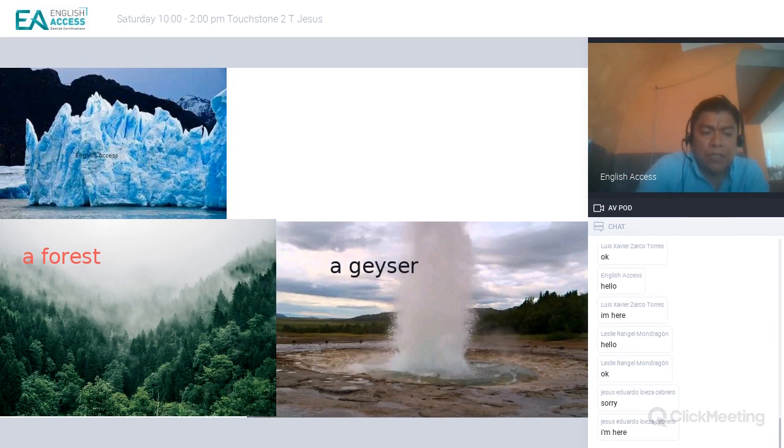And this one is a glacier. Yes, glacier, geyser, and a forest. Good job, a forest. Okay. Any questions?